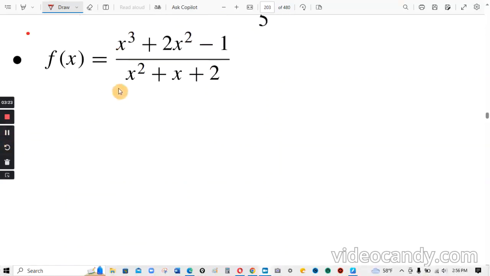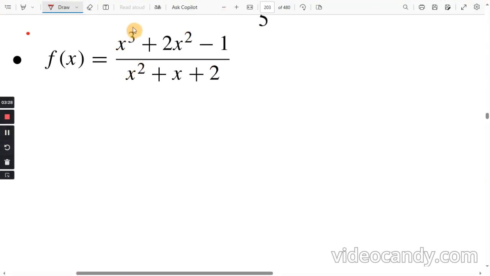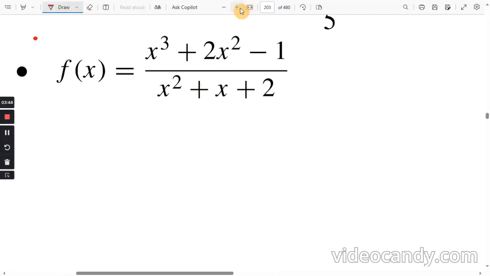Okay, next example, we see once again the degree of the numerator is a 3, the degree of the denominator is a 2. So the numerator is exactly 1 more than the denominator, so that's going to be a slant asymptote. Okay, so we need to use polynomial division, and we cannot use synthetic division.